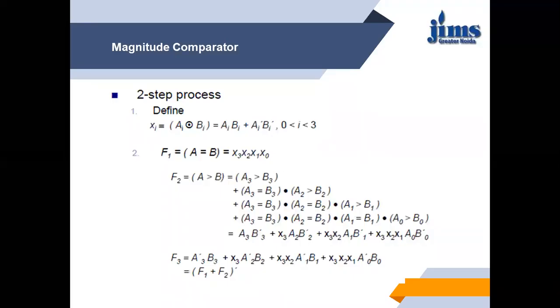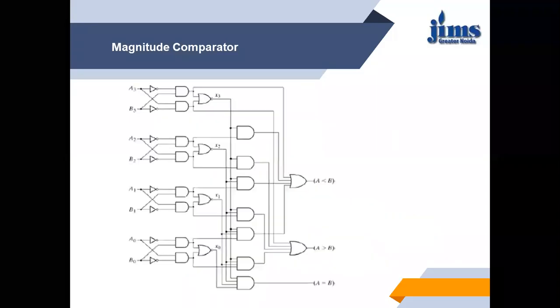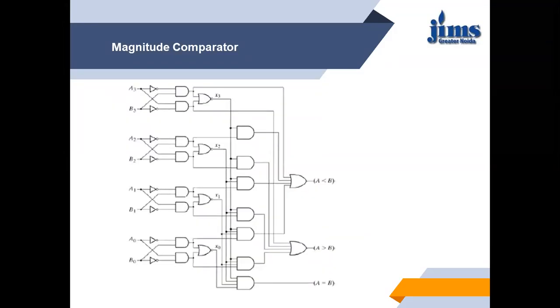So this is the logic behind a magnitude comparator, and this i should be of n bits. If you are using a 64-bit processor, then i will range from 0 to 63. Here we have used 4 bits, so we have used i equals 0 to 3. So here is your implementation of the logic we discussed in the previous slide. We have A3 and B3.